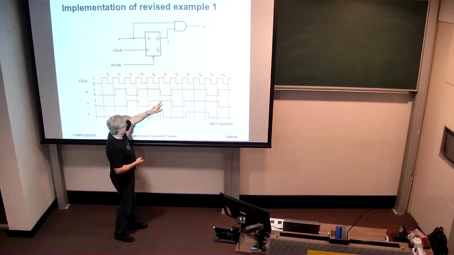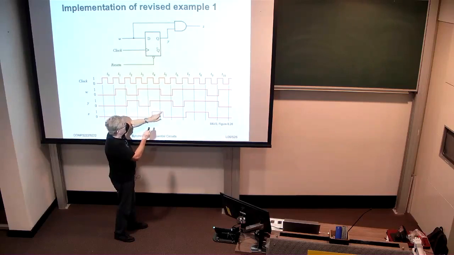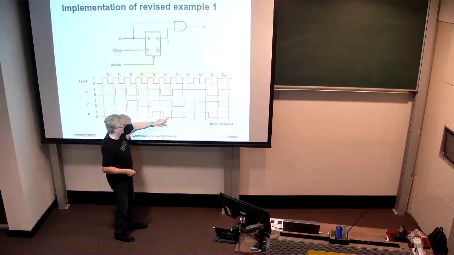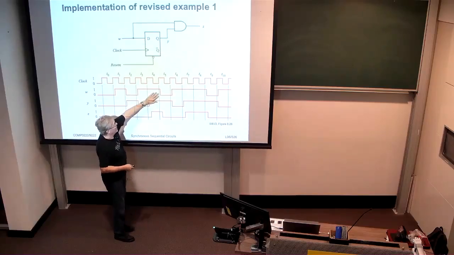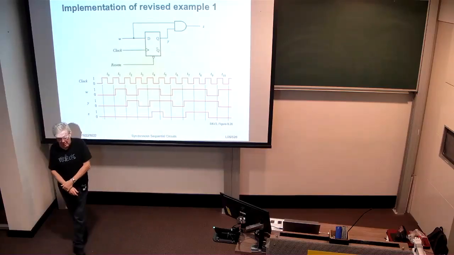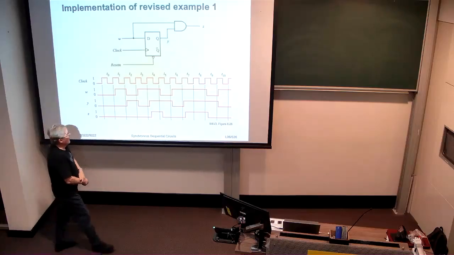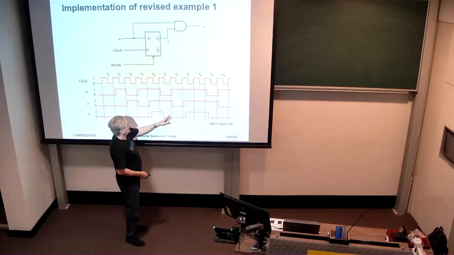So the flip-flop stays in state 1 asserted, but when the input W goes low, our output goes low as well because this AND gate will switch off. Of course, that's some little delay behind the input going low. All right.